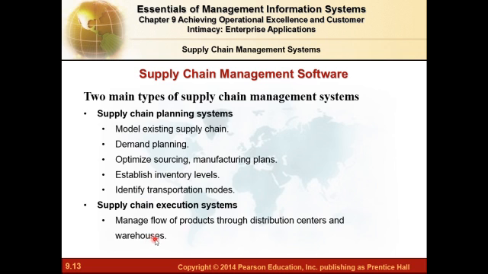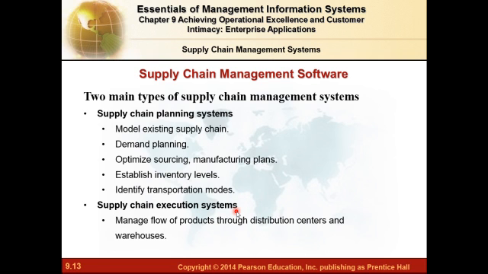Okay, again, two main types of supply chain management system: the supply chain planning system and also the supply chain execution system. The supply chain planning system models the existing supply chain. It enables demand planning, optimizes sourcing and manufacturing plans, establishes inventory levels, and also identifies transportation modes. And it is helped by the supply chain execution system.